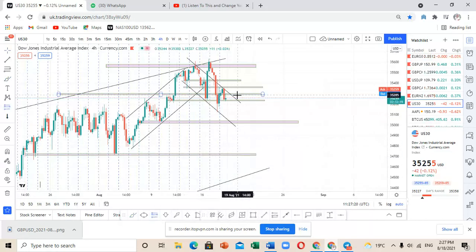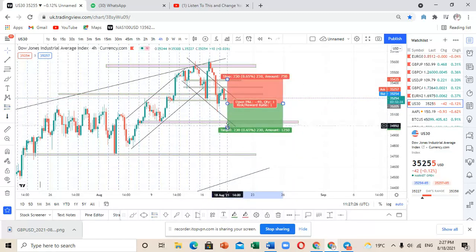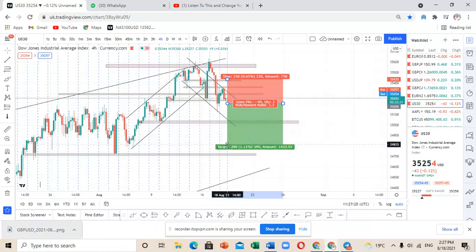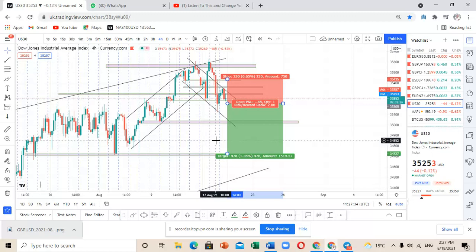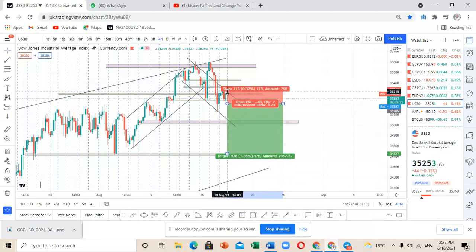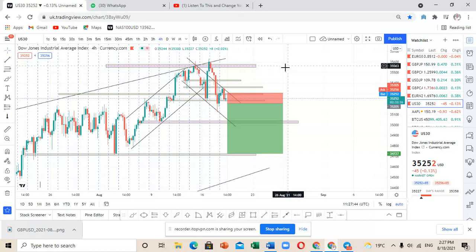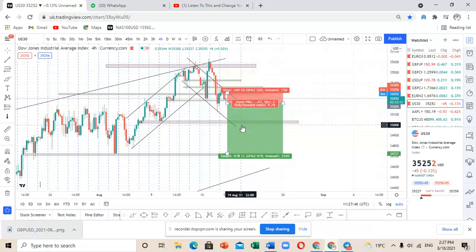This short position I've placed just below it, where we are expecting a total of 478 pips, in which I'll be risking just 100 pips. So 100 pips for a total reward of 478 pips, which is good.